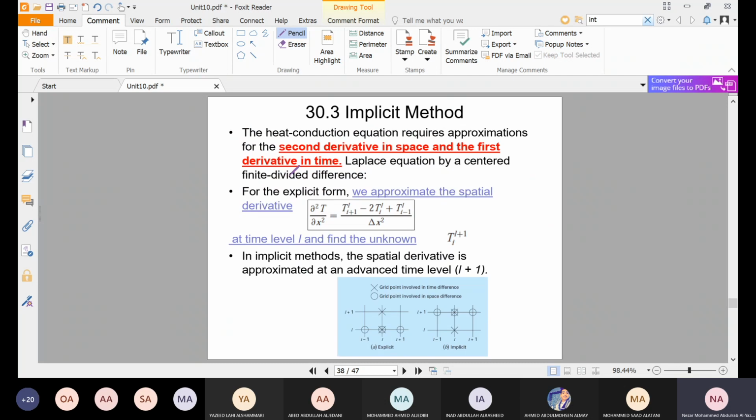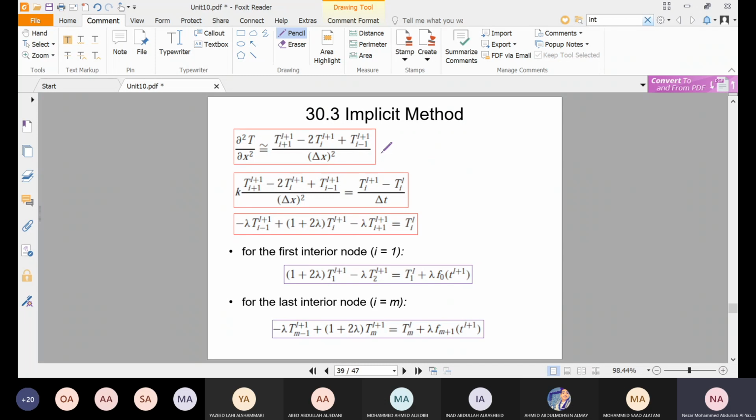Difficulties come with the implicit method. The implicit method is also used here to compute the temperature. But the difference here is that the temperature in the implicit method is dependent on the temperature at time Ti plus 1. So in the implicit method, the difference will be in the second derivative.